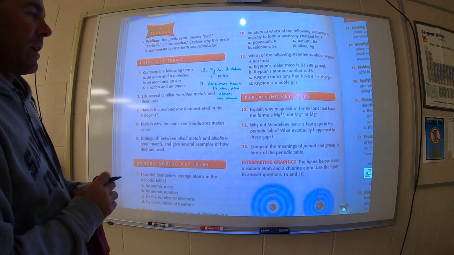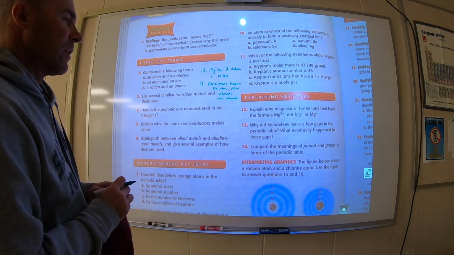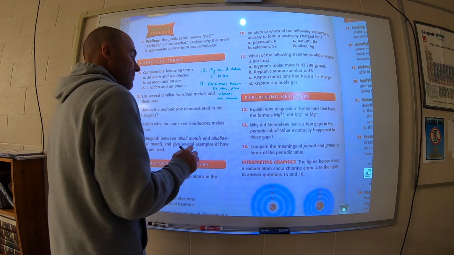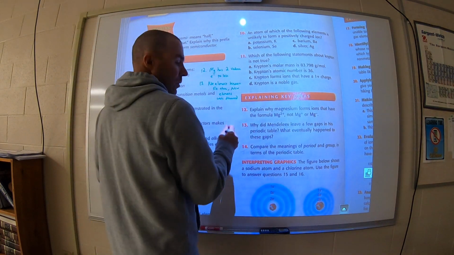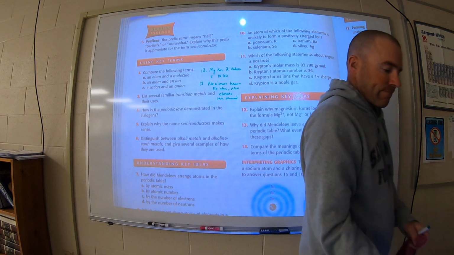Number 14, compare the meaning of period and group in terms of the periodic table. So let me move this up a little bit.